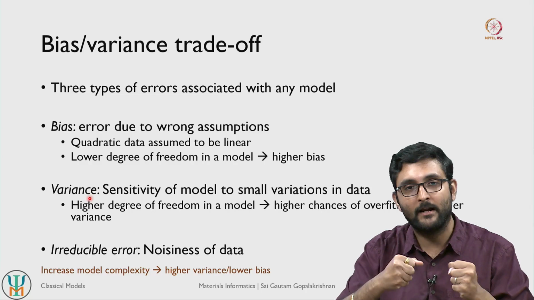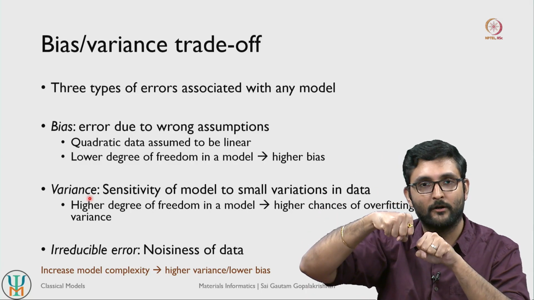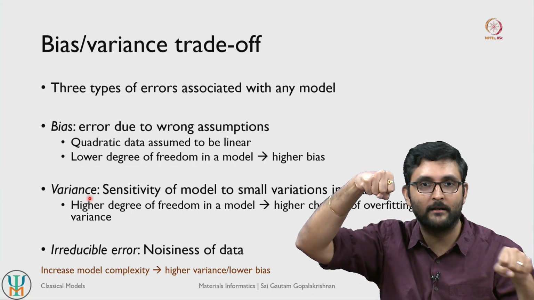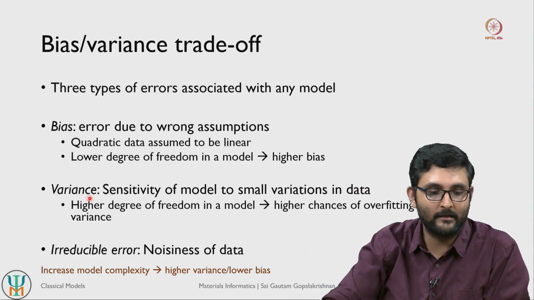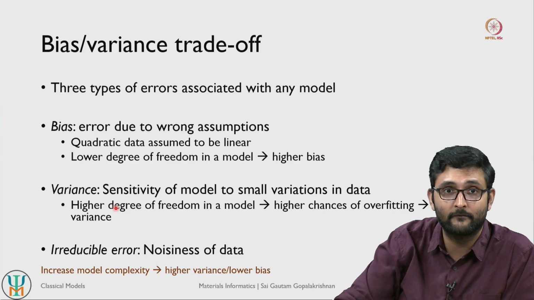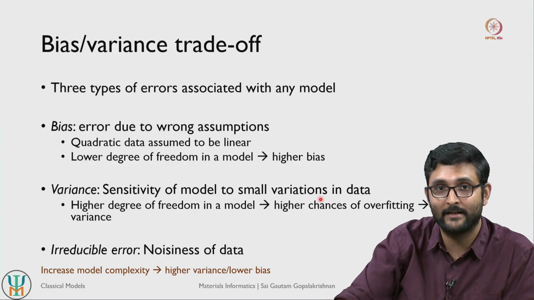So whenever you are shifting a data point, so you are creating a new outlier, the model will rapidly try to decrease the error associated with that outlier. So in other words, the model becomes very sensitive to the presence of small variations in data.